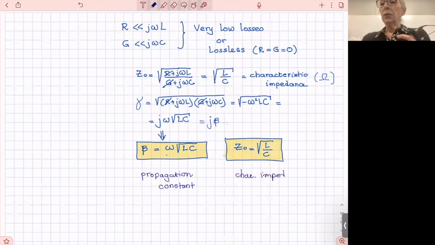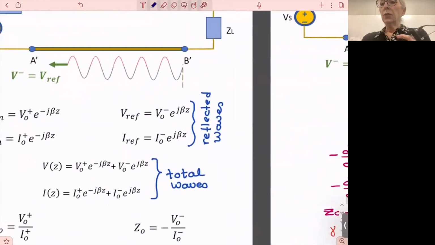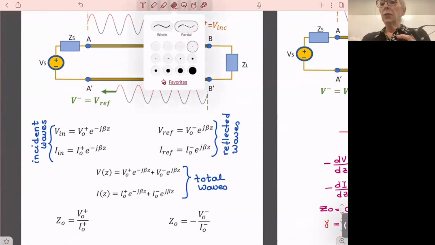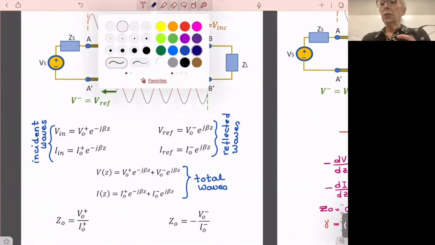So now, with this in mind, and without losses, we can go here. I'm going to cover some things here for a moment, and then I will bring them back.